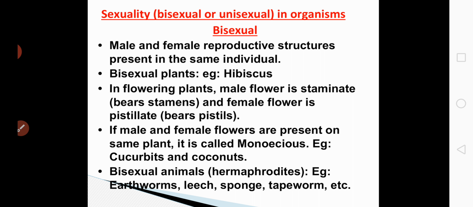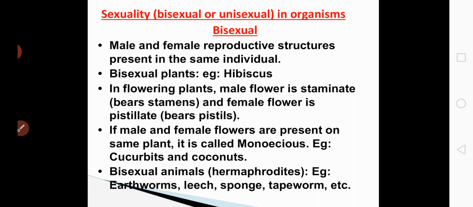If male and female reproductive structures are present in the same individual, then it is called bisexual. Once again I'll repeat, if the male and the female reproductive structures are present in the same individual, then the condition is called bisexual. For example, in hibiscus.